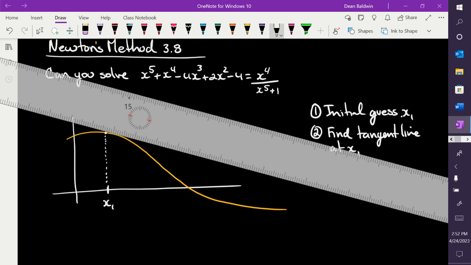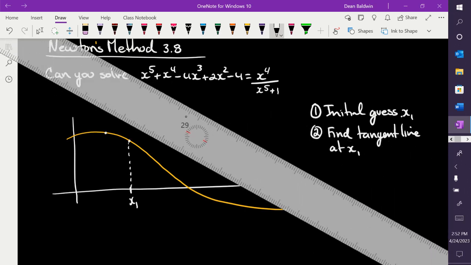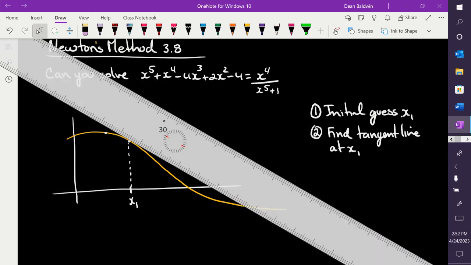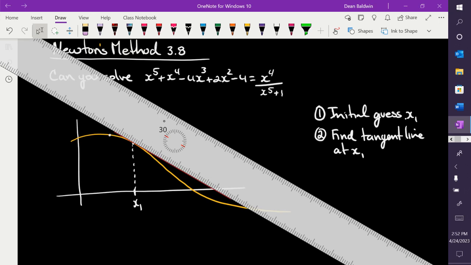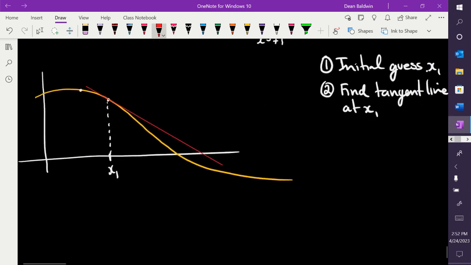Well, I picked a poor initial guess. Sorry. There. You can just alter your graph. Okay. So there's the tangent line at x1. The red line there.